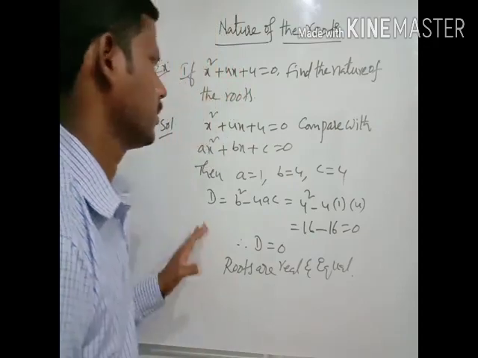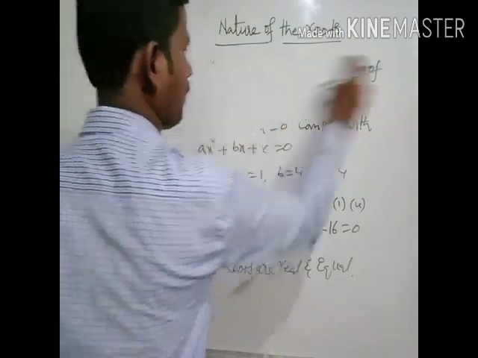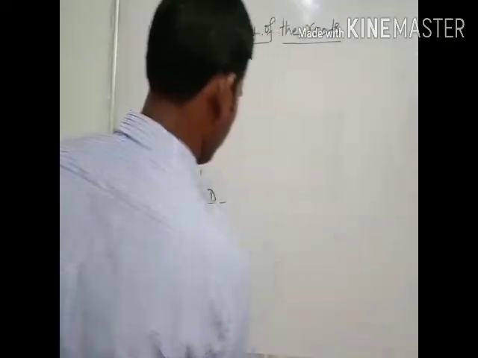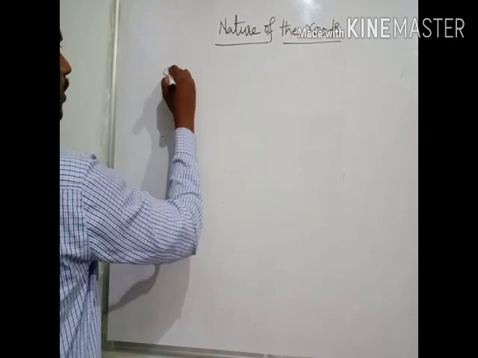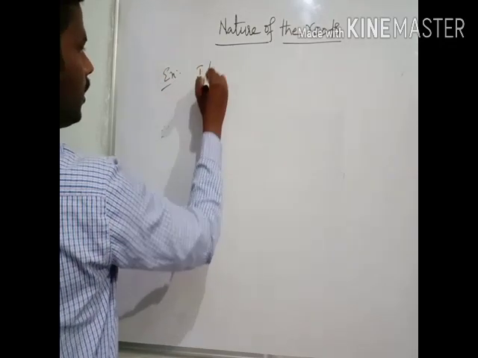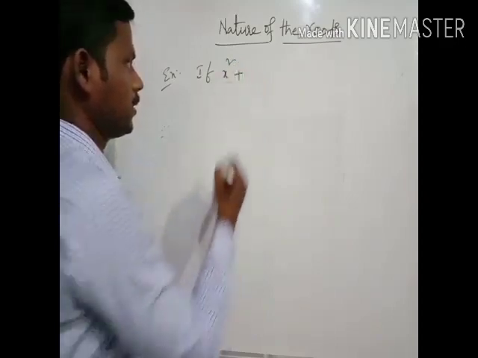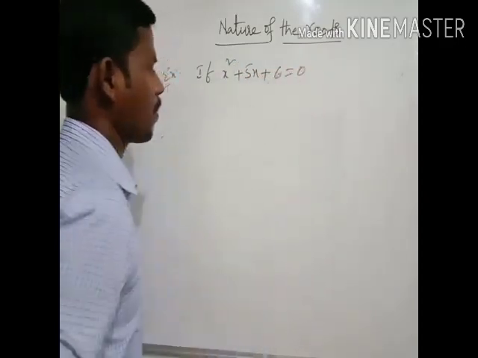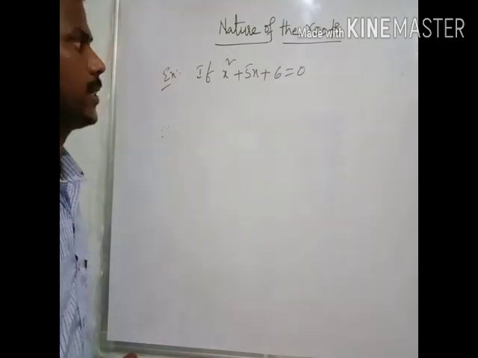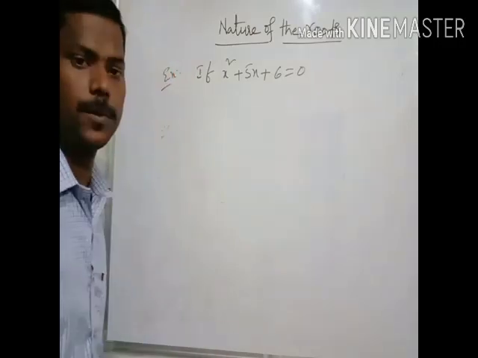Okay, we'll see one more example. See another example. If x square plus 5x plus 6 equal to 0, okay, children? So find the nature of the roots.